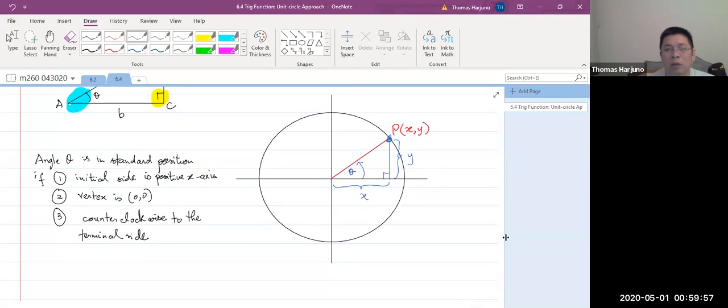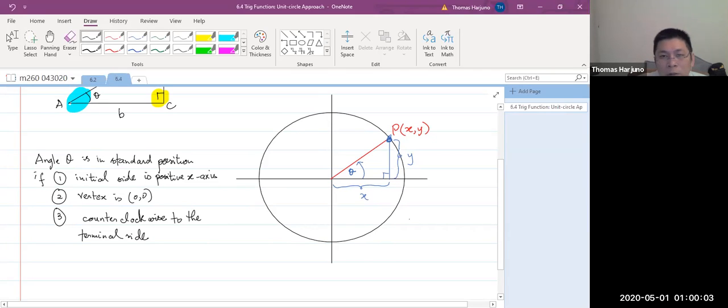Now we will not really redefine, but we extend the definition of sine. We extend the definition of sine theta now to be opposite y over the hypotenuse r. This is the r here, which is the hypotenuse of x and y. And cosine theta equals x over r.